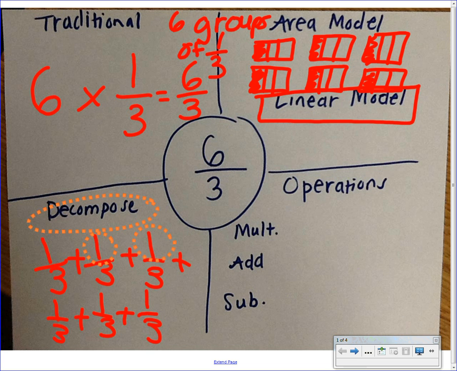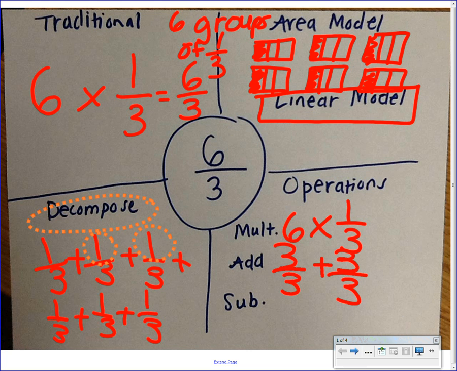I want us to go down to operations. We already said before that our multiplication fact for 6/3 would be 6 times 1/3. Then we have to think, how could we add to get 6/3? We could do like we decomposed: 1/3 plus 1/3 plus 1/3 plus 1/3 plus 1/3 plus 1/3. Or we could try 3/3 plus 3/3.